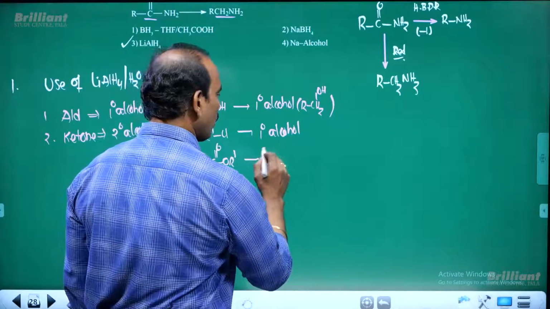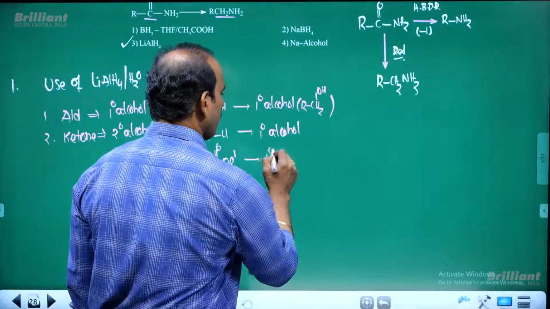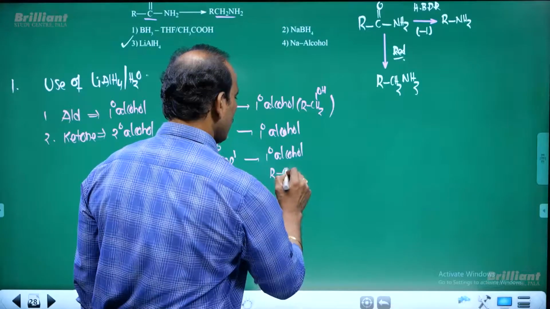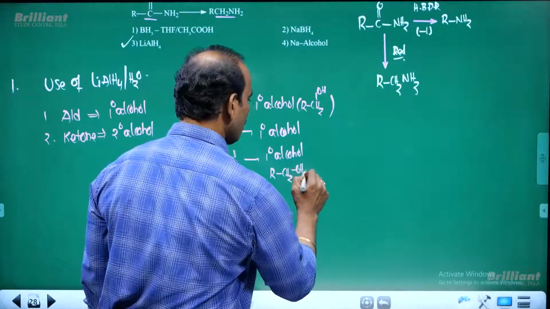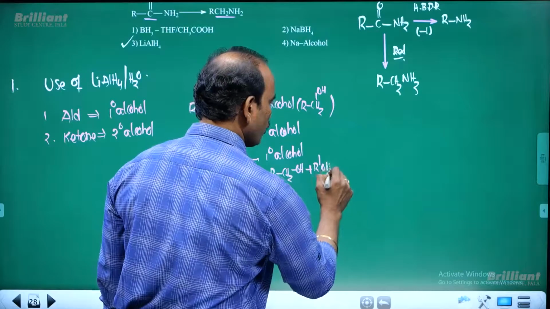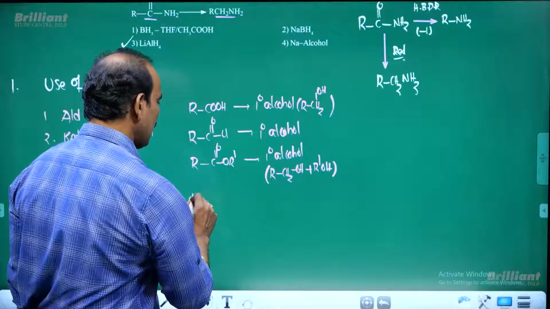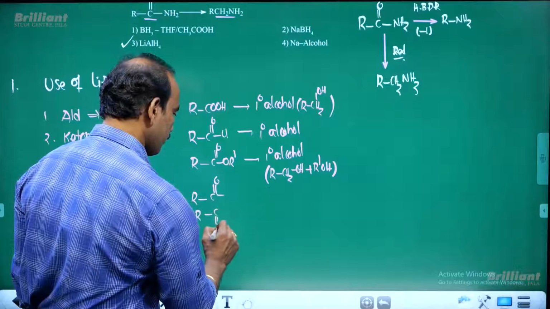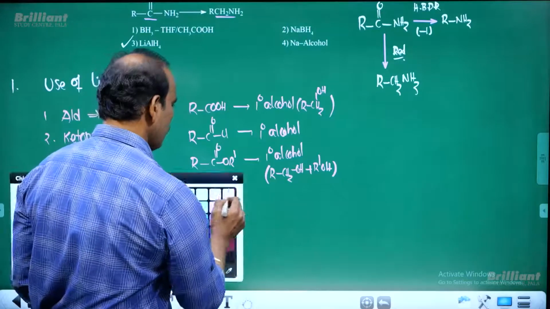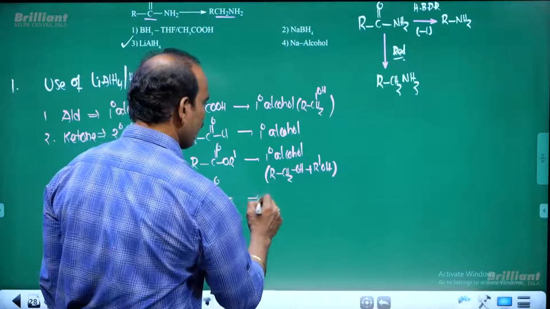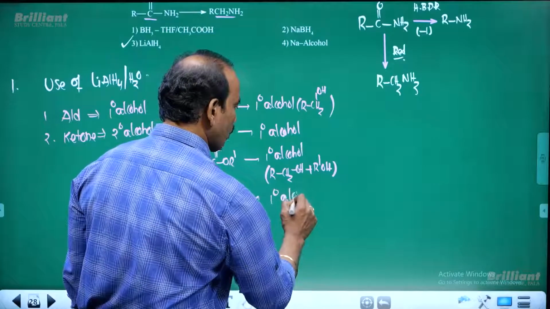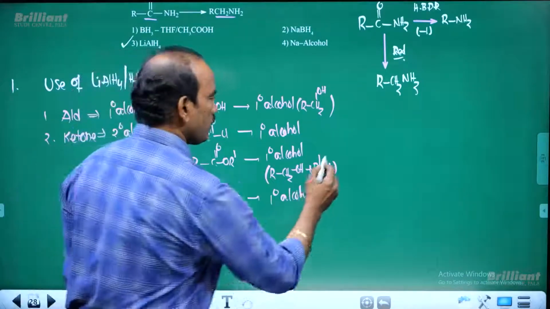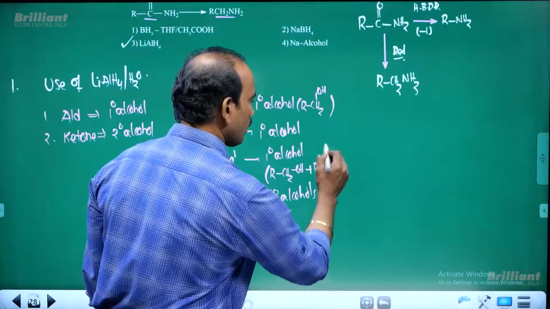It gives alcohols, 2 moles: RCH2OH plus R dash OH. Next one is anhydrides, which also give primary alcohols, 2 moles.